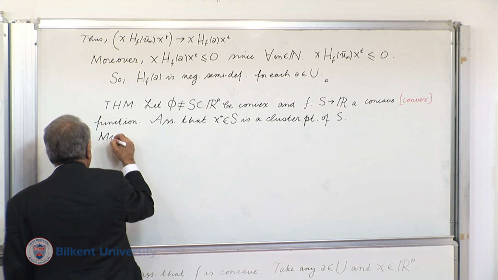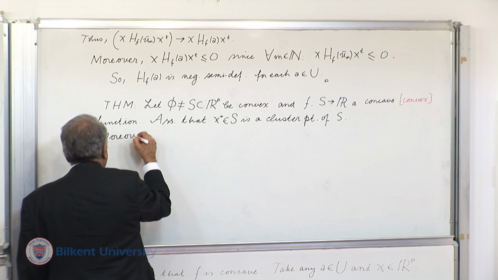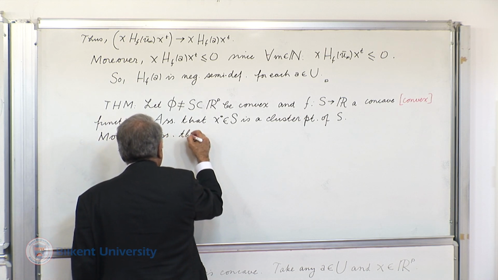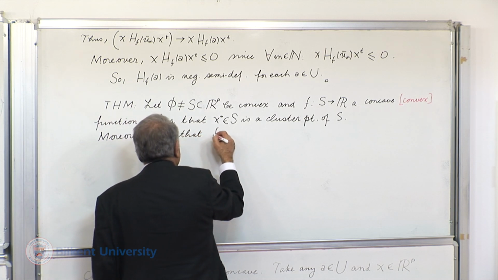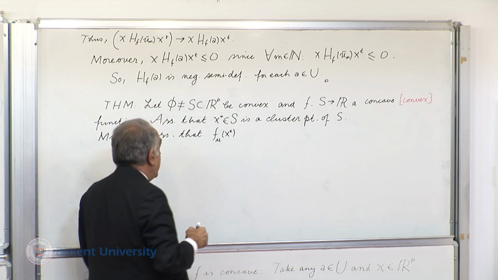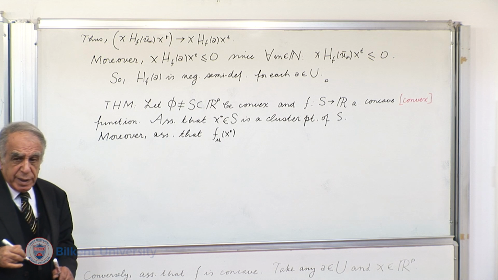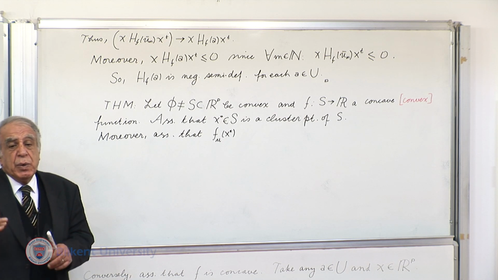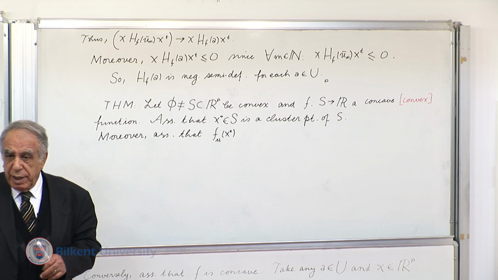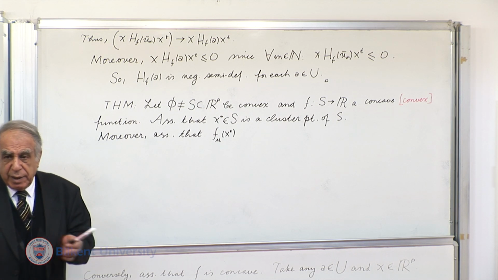Moreover, assume that the directional derivative of x star in the direction of u exists whenever u is a vector which points into S at x star.